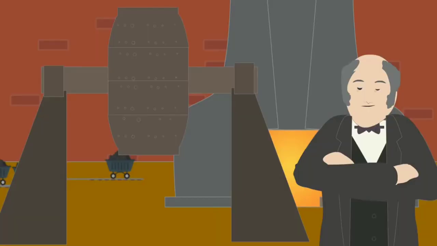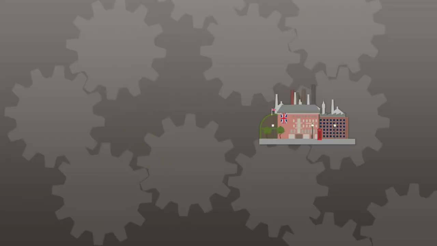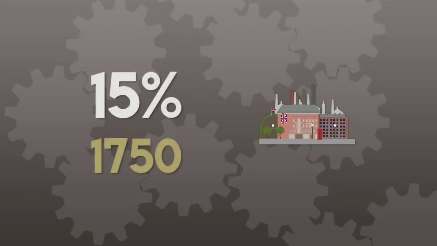The iron industry developed with Henry Bessemer's inexpensive process for mass-producing steel. Iron and steel were key materials for constructing the tools and machinery, steam engines, and ships needed for industrial progress. Industrial labor opportunities drew people to the cities from the countryside, to such an extent that in 1750 only 15% of the population of Britain lived in towns.